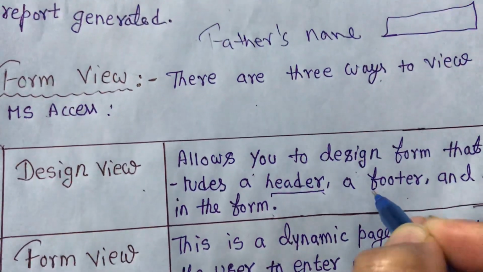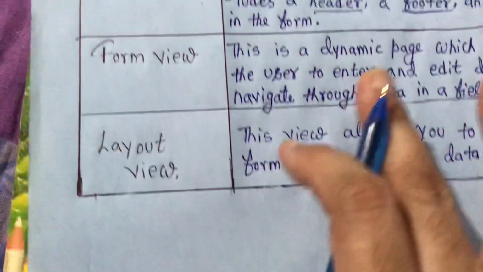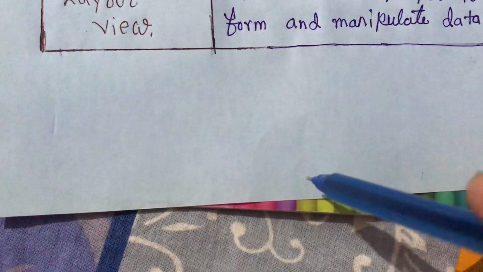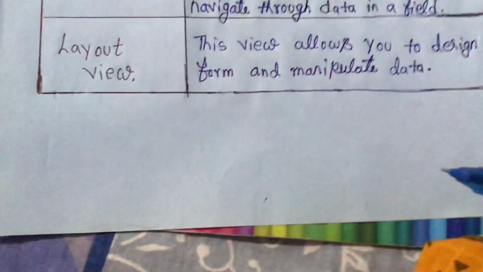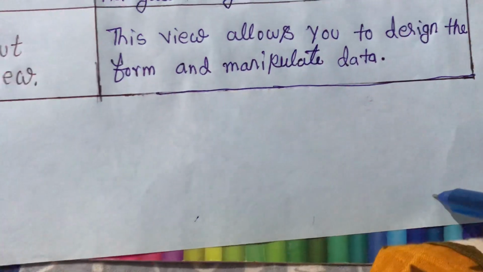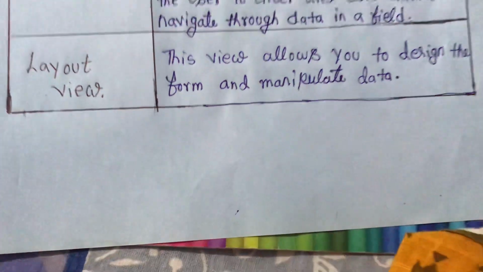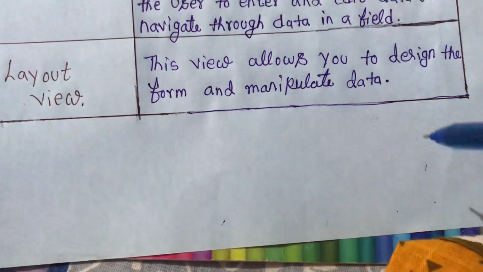And what is footer? Footer means the entries that we include at the bottom of the page. Suppose the page number, the author name, and you can also write the date here, or the signature of the authority. Understood?